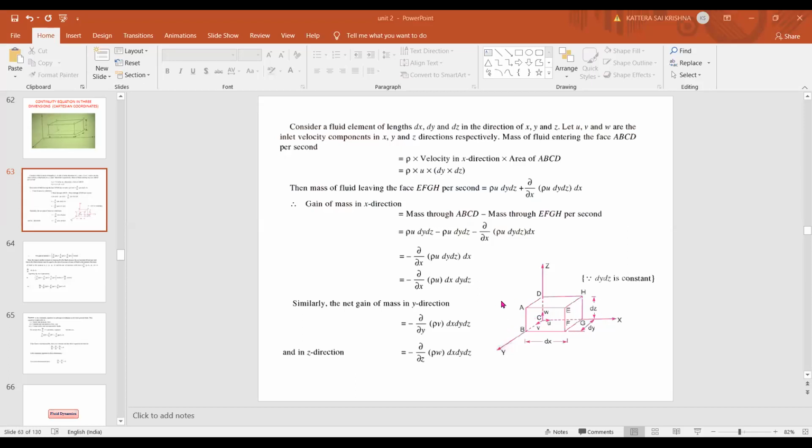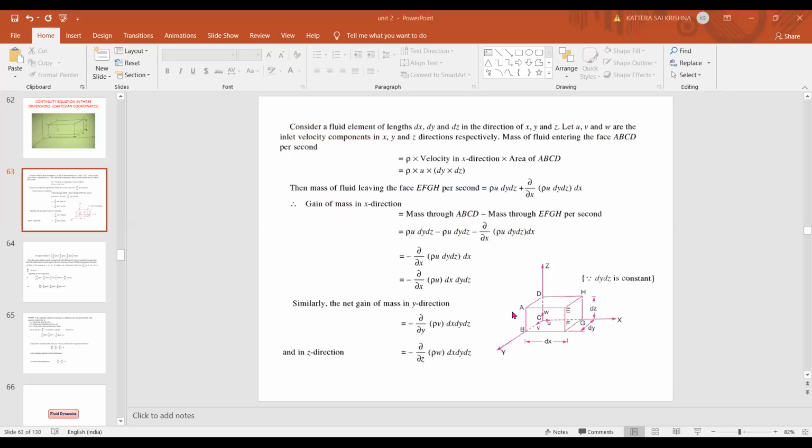Let us assume the flow is taking place from this side, from ABCD, coming inside this volume. Let us assume 2 kg of fluid is flowing in at the inlet of ABCD.